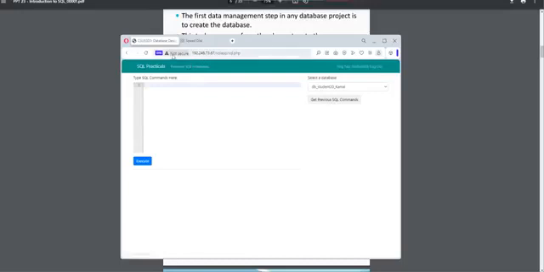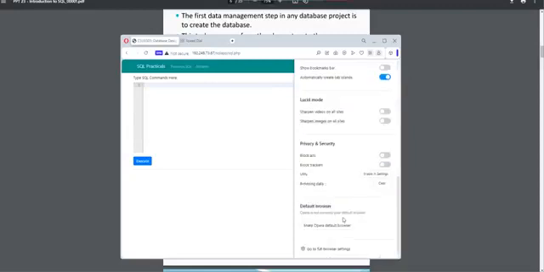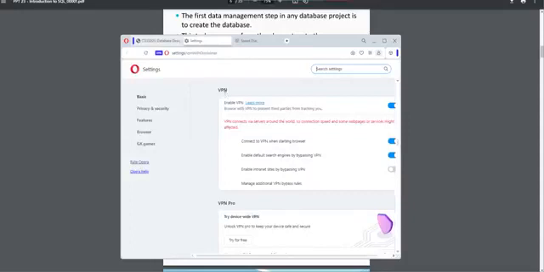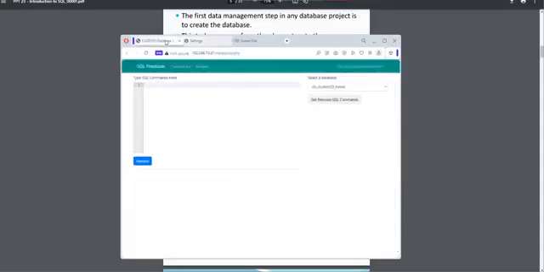If you are concerned, you can enable the VPN option in the Opera browser. Then no one can see your IP address and other things.